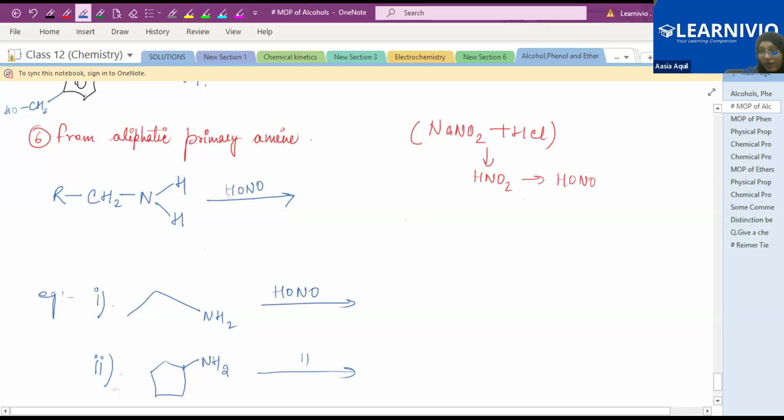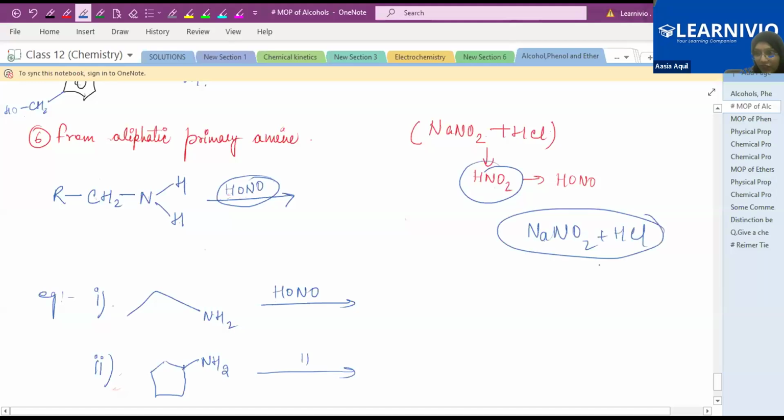When you treat NaNO2 plus HCl, this combination will give you HNO2. Sometimes above the arrow HONO is written, or sometimes HNO2, or sometimes NaNO2 plus HCl.